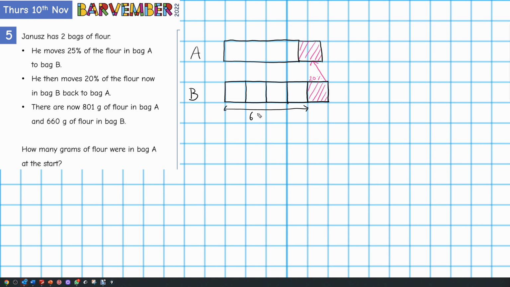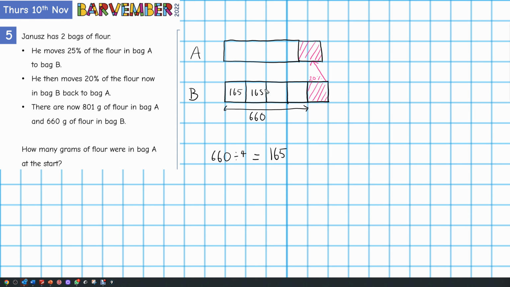So 660, we want to divide that by 4. And that is going to give us 165. So each of these parts, because all of these parts are equal, are 165.